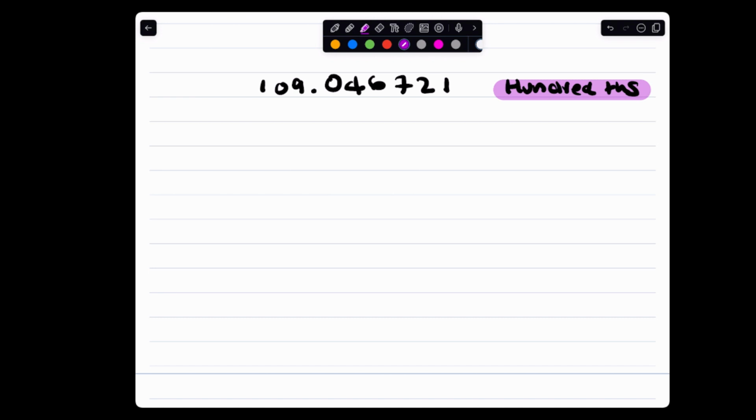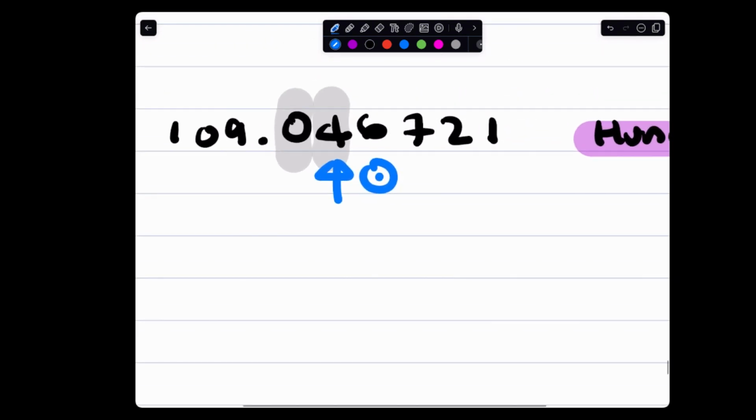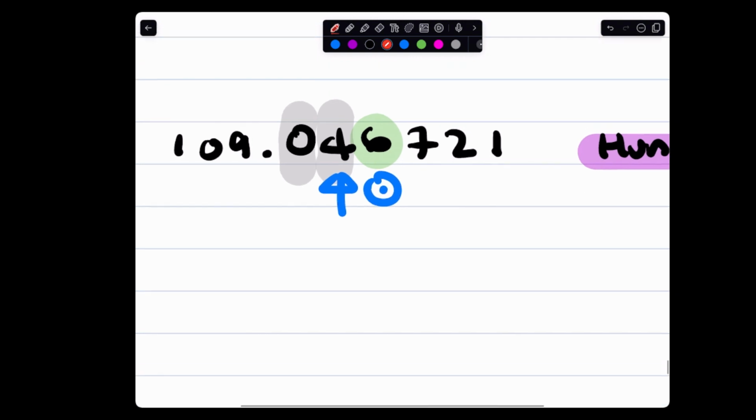What happens now? Right? We have to identify what digit is in the hundredths position. Tenths, hundredths. Oh, the 4 is in the hundredths position. Look at the digit to the right with that green eye. And it's a 6. So if it's a 6, what do you guys do to the digit in the hundredths?